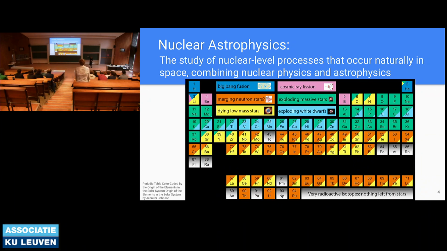You get all the heavy elements. We have dying low mass stars, which can be seen as AGB stars. They produce carbon, nitrogen. We have exploding massive stars, type 2 supernovae, producing oxygen. And then we have the exploding white dwarfs, which is a type 1A supernova, producing other things. So if we look at this, we kind of know where everything comes from. We can identify which source makes what.